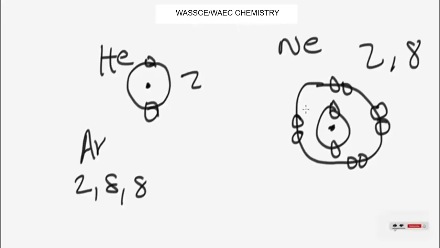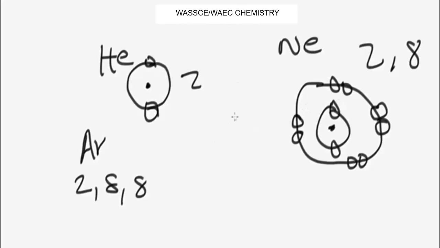Now know that the essence of the reactivity of elements, metals and non-metals, is basically for stability. They are fighting for stability. Since these noble gases are completely filled with electrons at their atomic shell, they don't need to fight for stability again by losing or gaining electrons, whereas other metals and non-metals aside from the noble gases react by losing or gaining electrons to gain stability, so that their atomic shell will be completely filled.